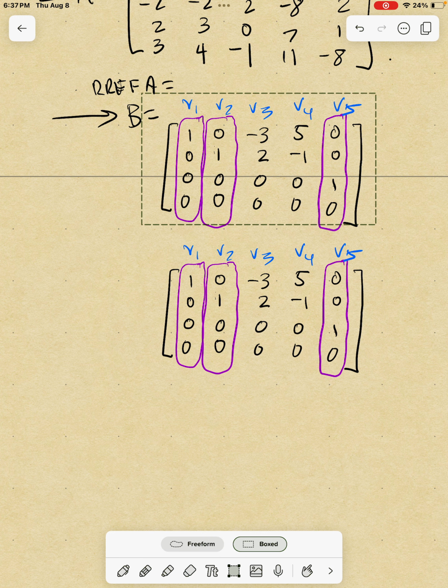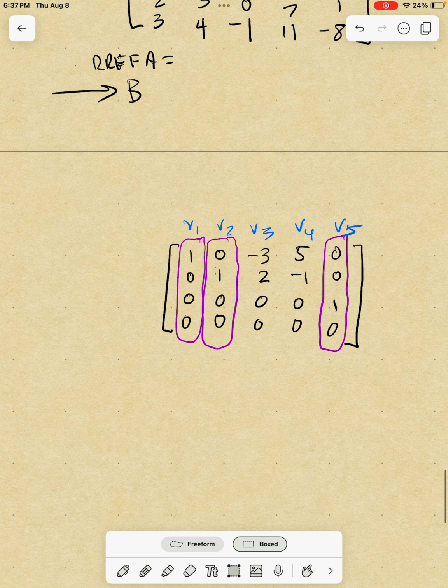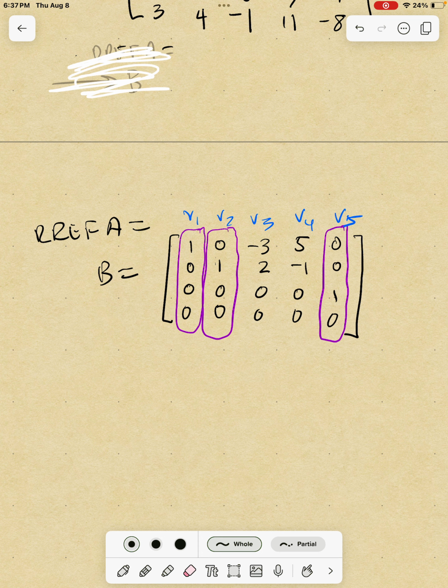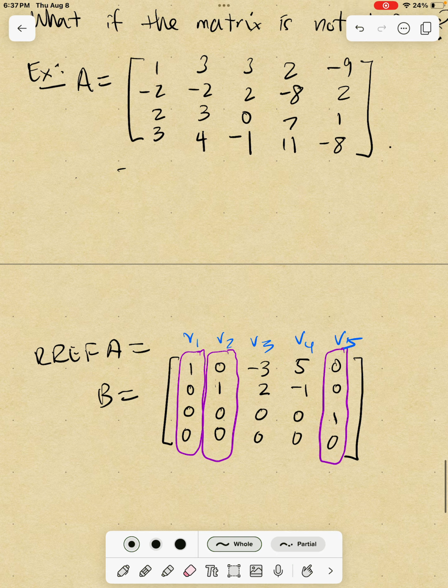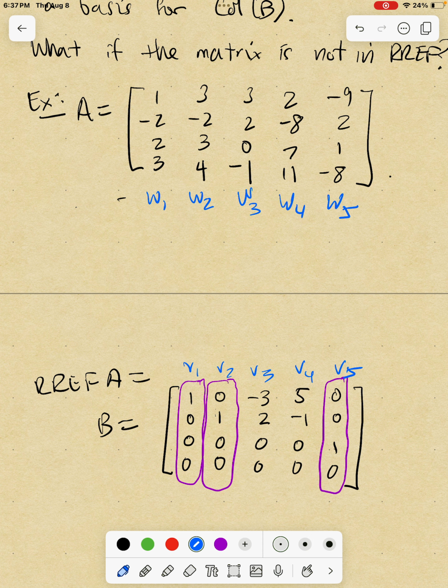Let's see. There we go. This is the reduced row echelon form of A. Okay, now let's compare these two matrices. Let's call these W1, W2, W3, W4, and W5. So we want to find a basis for the span of W1 through W5.